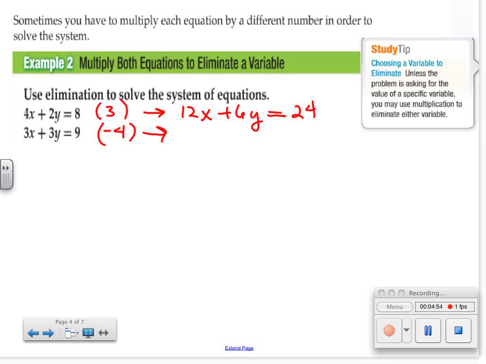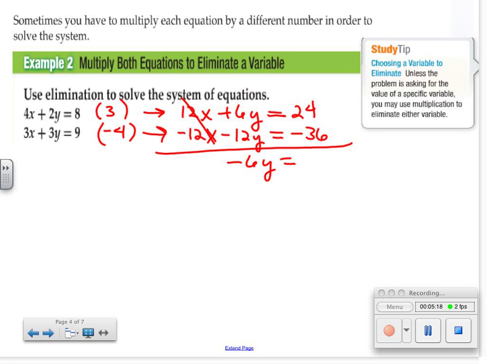And now I multiply the second equation by -4, and 3x times -4 is, of course, -12x, and negative 4 times 3y is minus 12y, and negative 4 times 9 is equal to negative 36. I'm going to add these two equations together, and those two cancel out, I get 6y minus 12y, I get a negative 6y equals 24 minus 36 is negative 12.